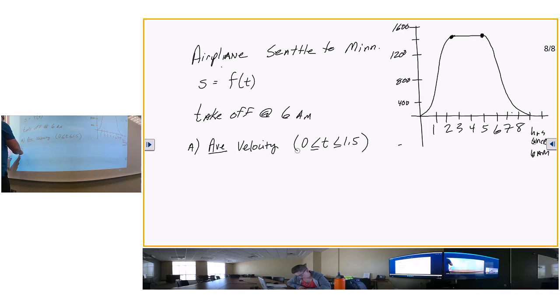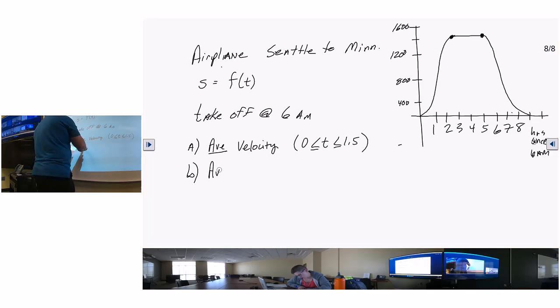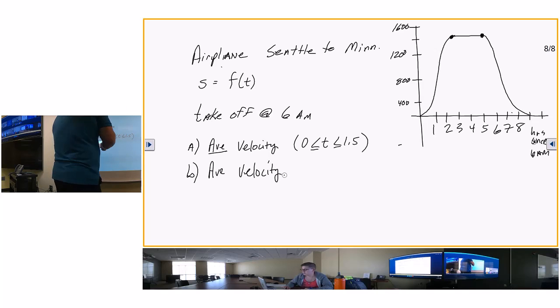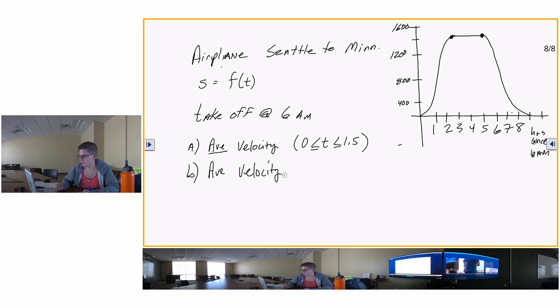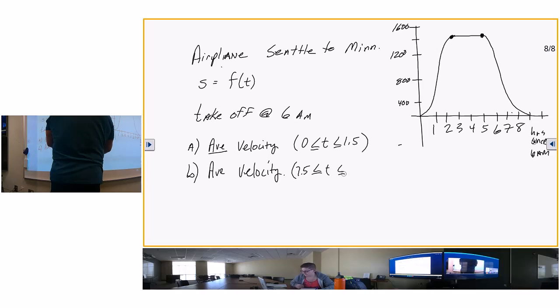B, calculate the average velocity from t is 7.5 to 8.5.